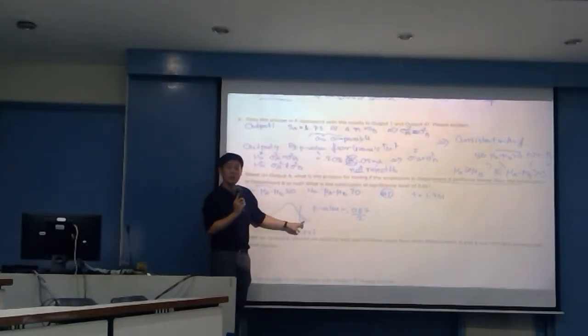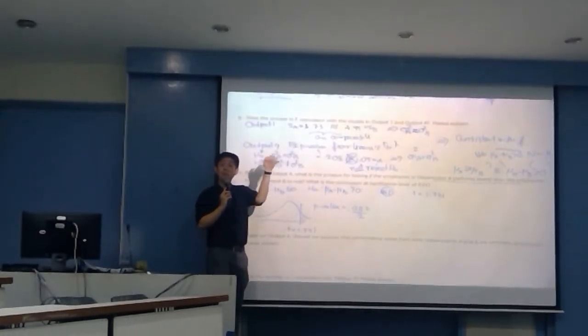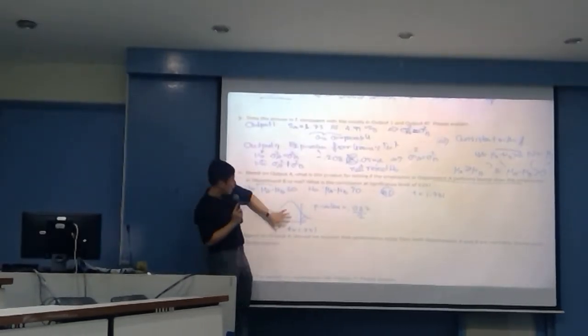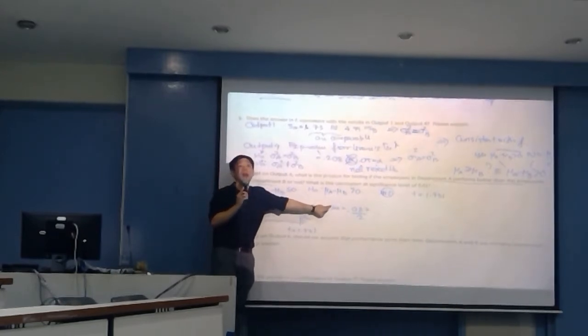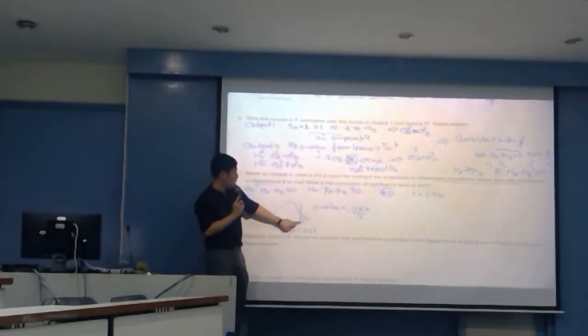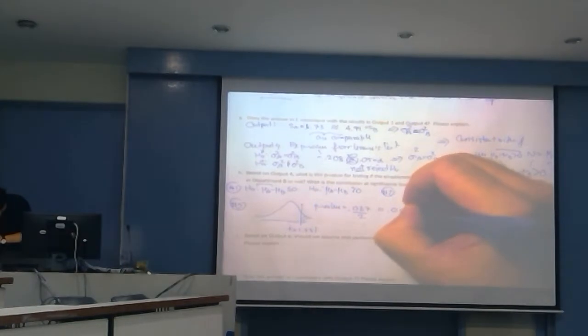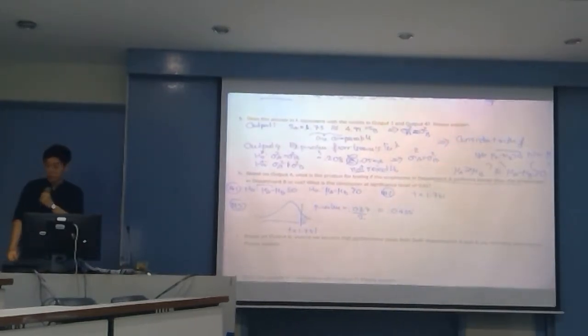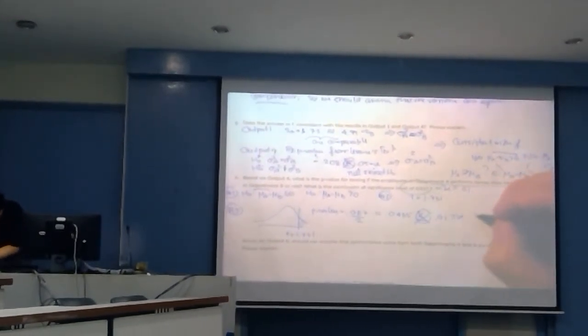If it's this area, it's the smaller one, half of the output. If it's the larger one, it's 1 minus half of that. That's how we use it. So in this one, you end up with 0.0435. Alpha is equal to 1%. Compared to alpha, this is not less than or equal to 1%, so we do not reject H0.